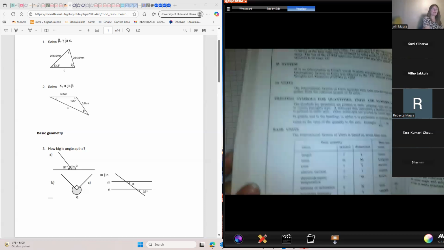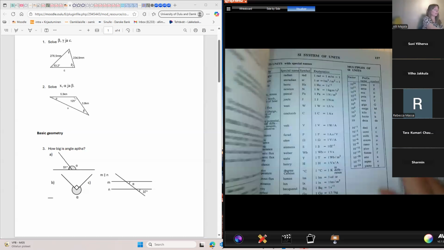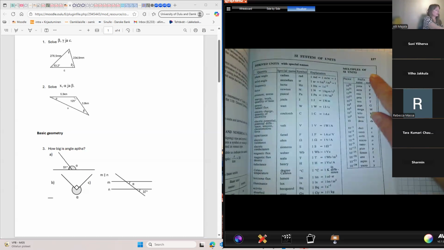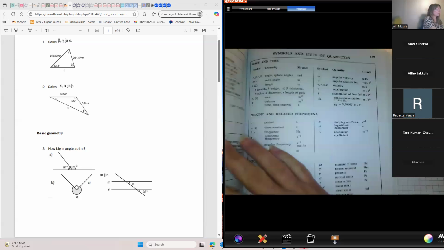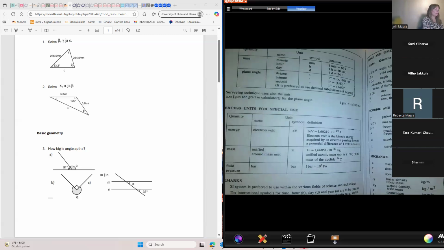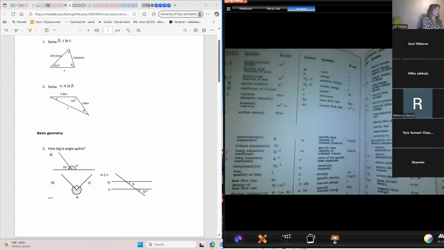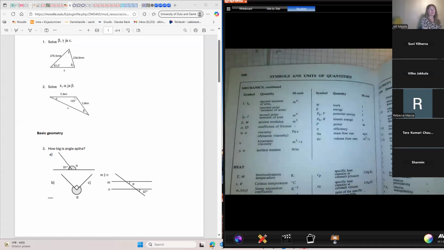Here base units. And multiple SI units. There's many pages of SI system, basically, here in the back of this equation book.